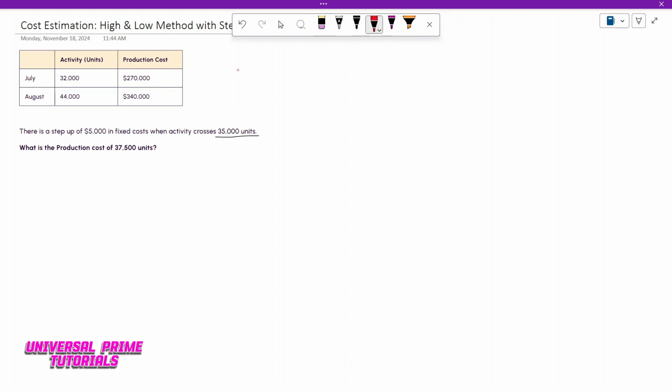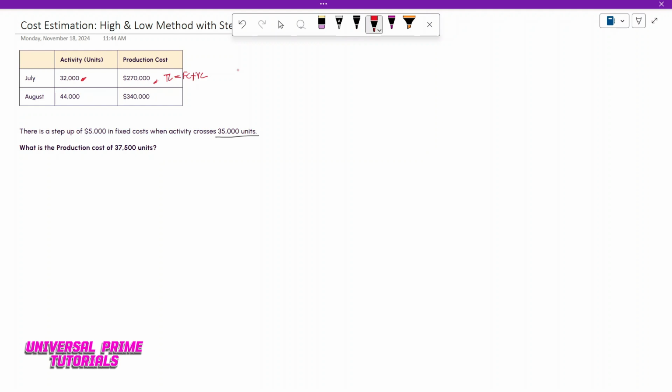Now, what this means is that 32,000 units of output is equivalent to $270,000 of production cost. Don't forget, this total production cost is the total fixed cost plus your variable cost.